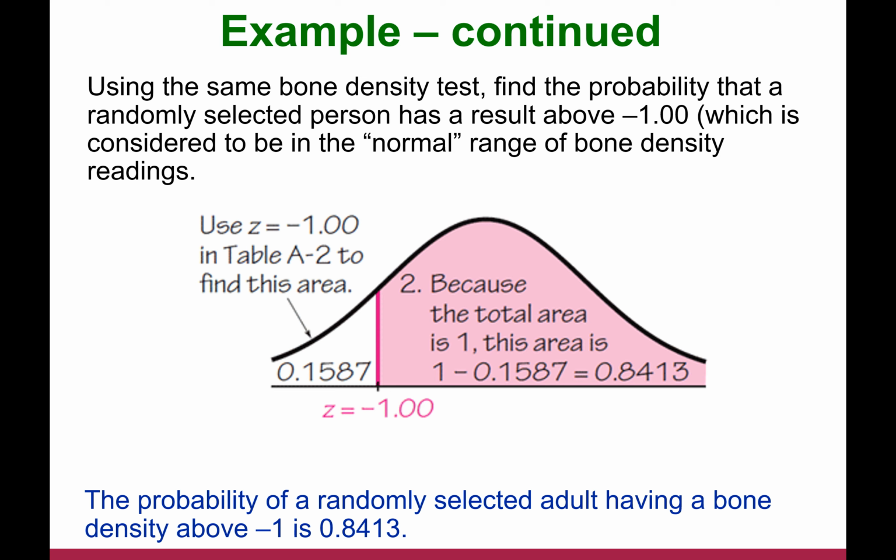Using the same bone density test, find the probability that a randomly selected person has a result above negative 1.00, which is considered to be the normal range of the bone density. Again, from table A2, we can see that a z-score equal to negative 1.00 gives us a probability of 0.1587. So this is the area to the left.